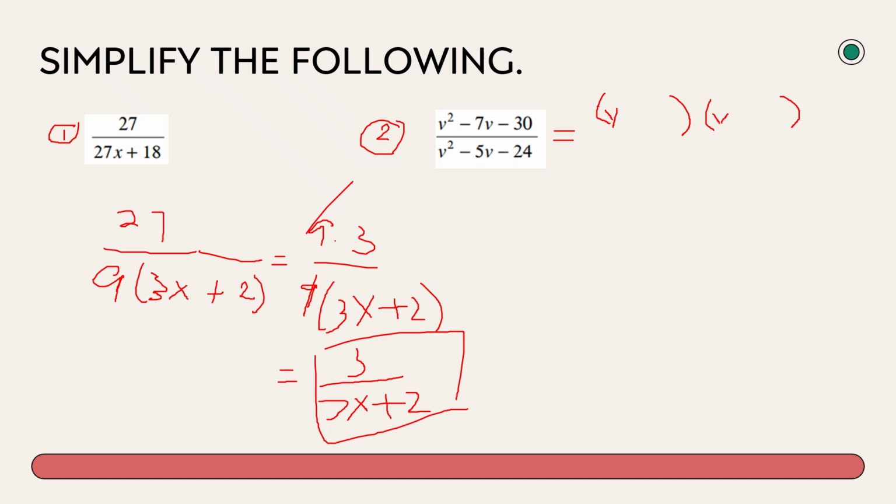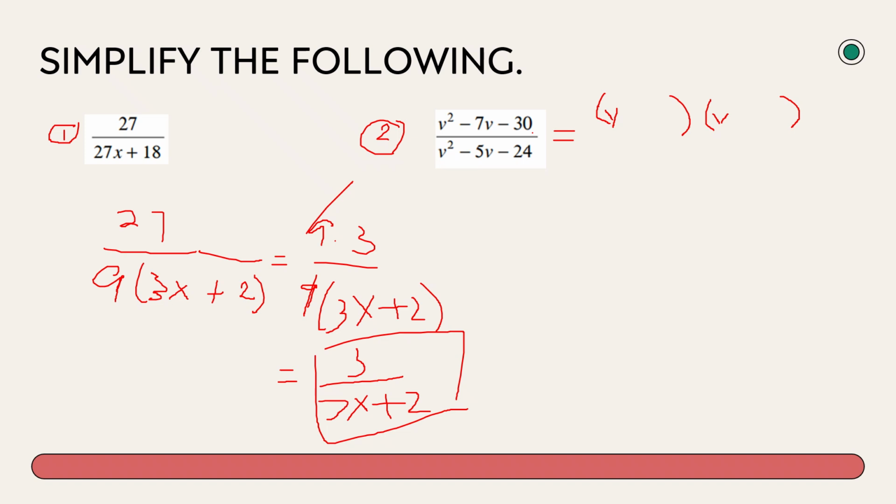Now, what are the factors of 30? That would be 6 and 5. So what shall we do? What other factors of 30 give us negative 7?